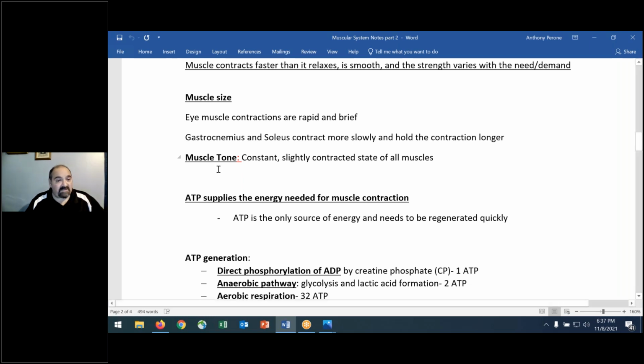Okay. Now, the term tone, muscle tone. As we're sitting here right now, and as I'm sitting here in front of you, my musculature is not, and I've kind of kidded around about this, like I'm not totally with all my muscles in strong contraction. No, but there's a slight contraction of the musculature. There is, right? As a result, we say that this is tone, constant, slightly contracted state of all muscles, allowing me to be erect and not just kind of slumped over, right?